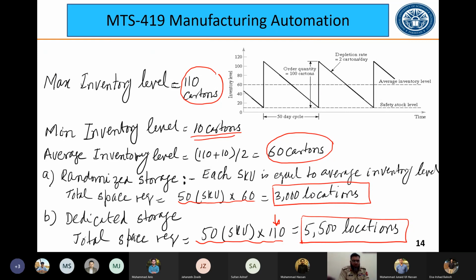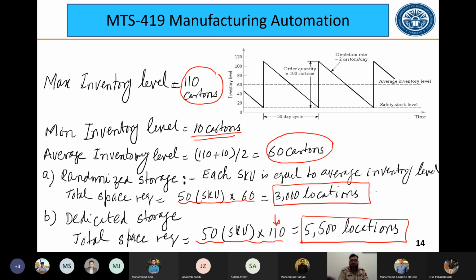So each SKU, if I talk about the randomized storage, each SKU is equal to the average inventory level. So total space required as an average in a randomized storage. So I have 50 SKUs and 60 is the average level.